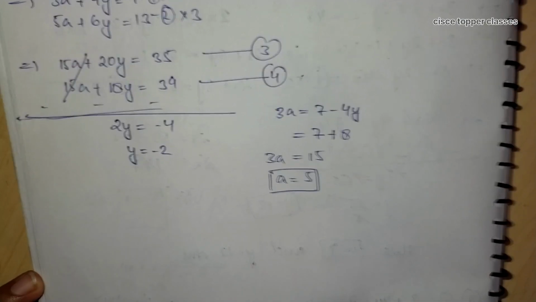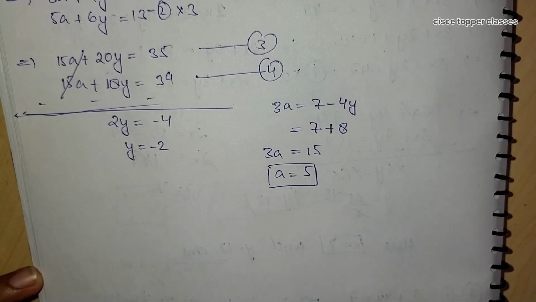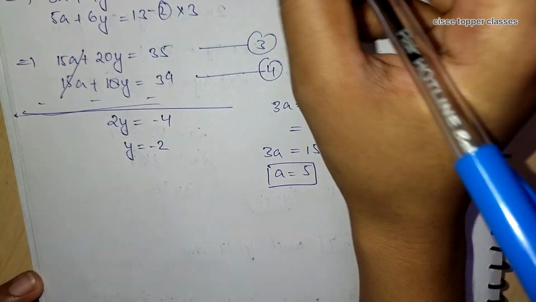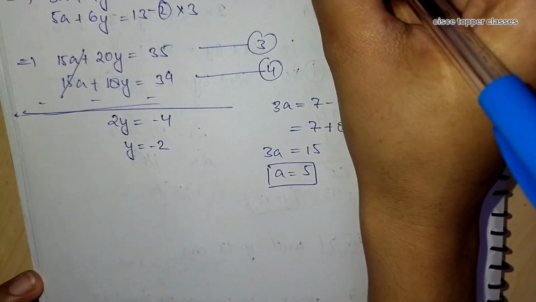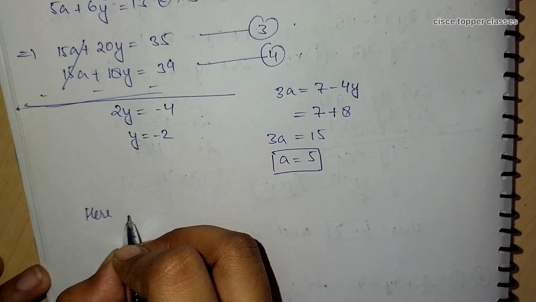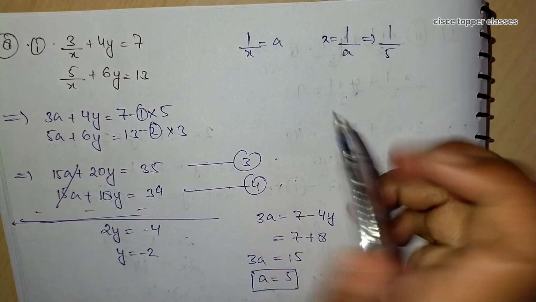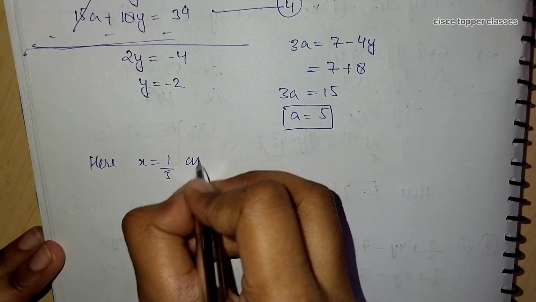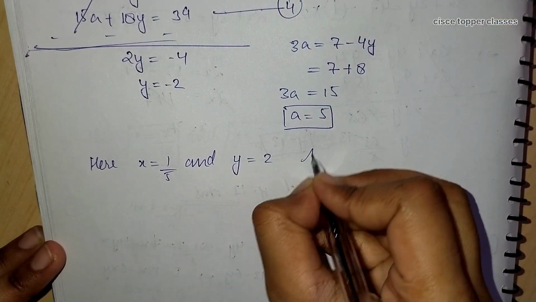And now we have to calculate the value of 1 by x. So x is equal to 1 by a, so 1 by 5. So x is equal to 1 by 5 and y is equal to minus 2 is the final answer here in this question.